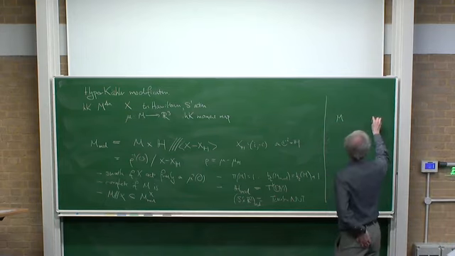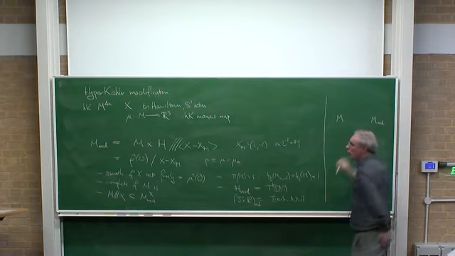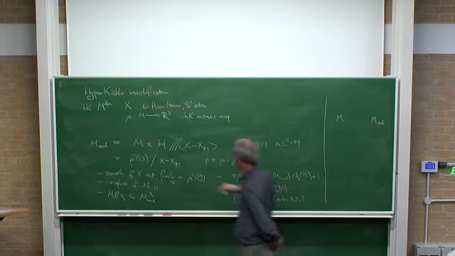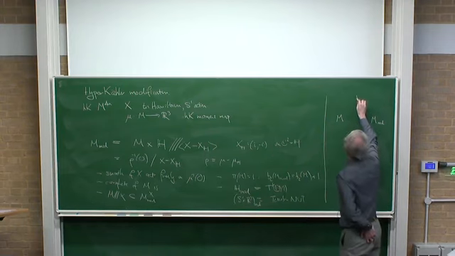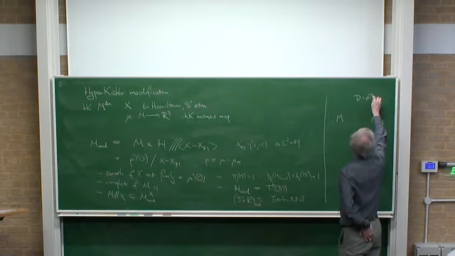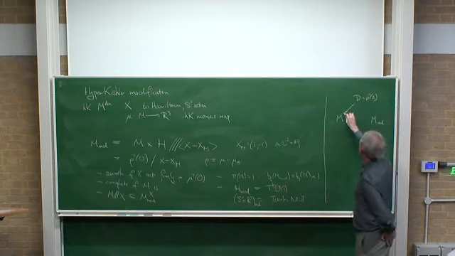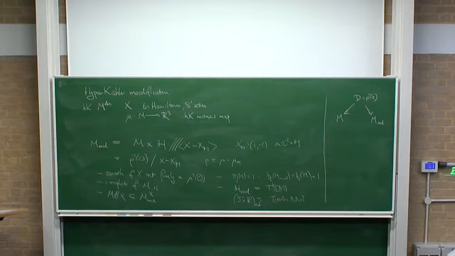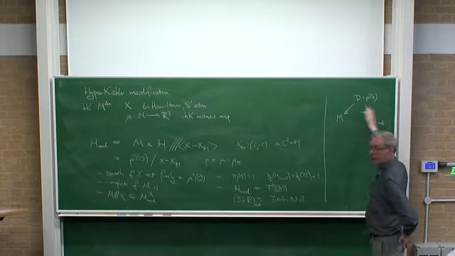I can write down a double fibration picture here. The modification is defined as this quotient here. Let me not worry about niceties, but away from various points, this is essentially a pair of circle bundles.